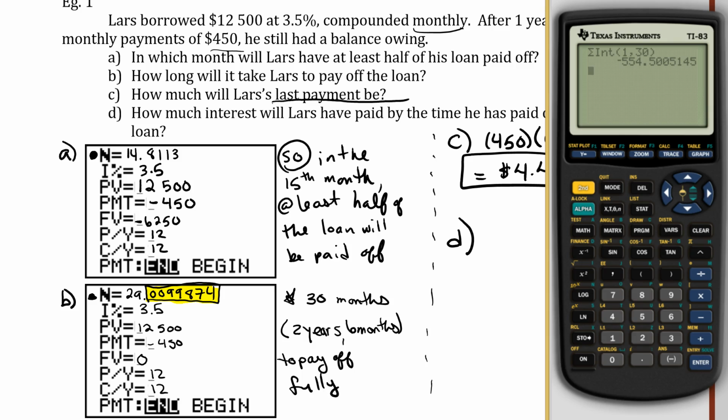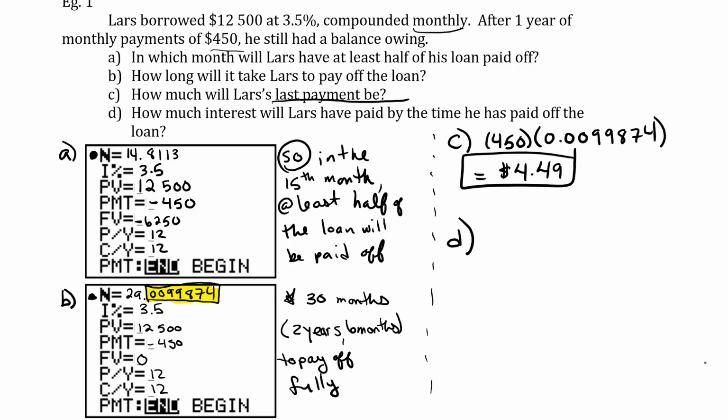Enter. So in total, for borrowing $12,500, he will pay $554.50 in interest.